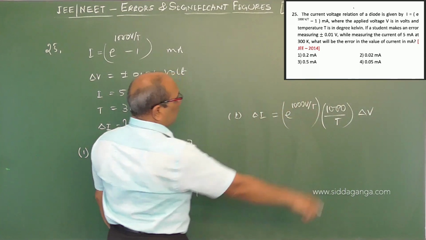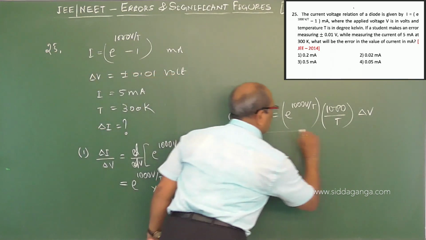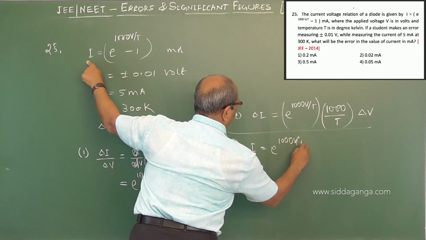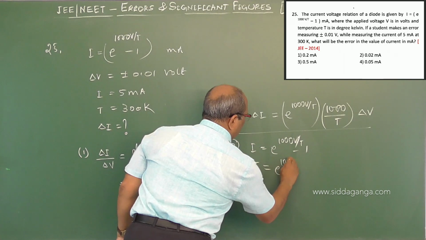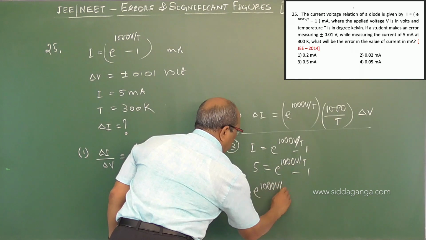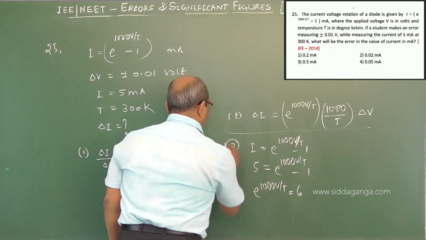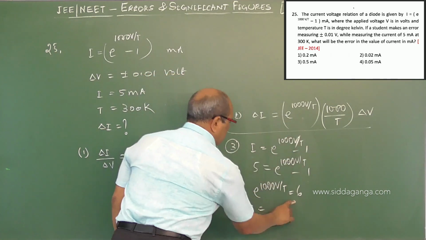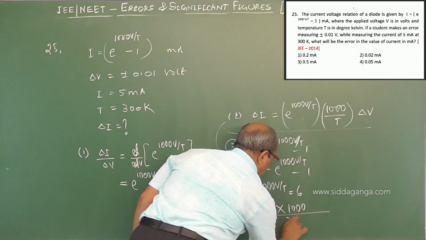Now you want to know what e to the power of 1000 V by T gives. For that, I use the given I equals e to the power of 1000 V by T minus 1. If I is 5, then e to the power of 1000 V by T minus 1 is 5, or e to the power of 1000 V by T is equal to 6, that is 5 plus 1. Therefore, I can substitute here. Delta I is equal to 6 into 1000 divided by 300.